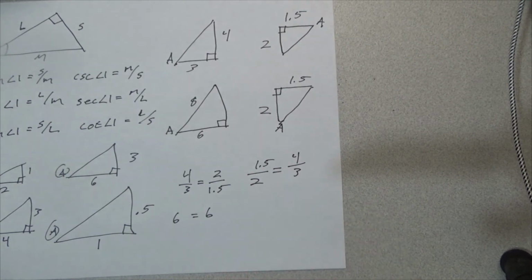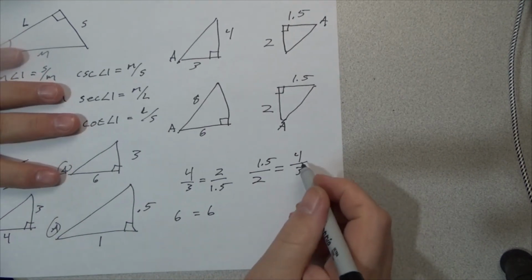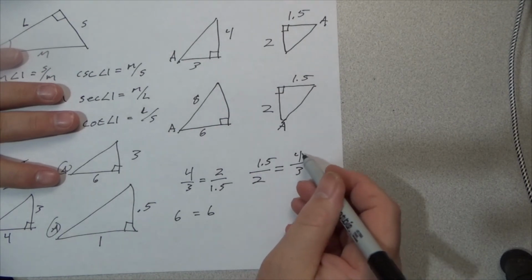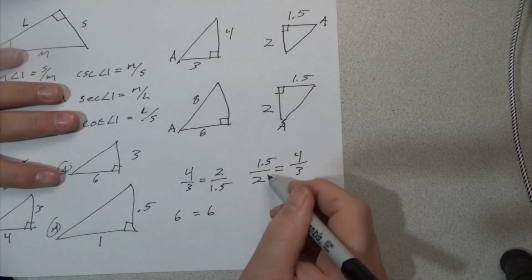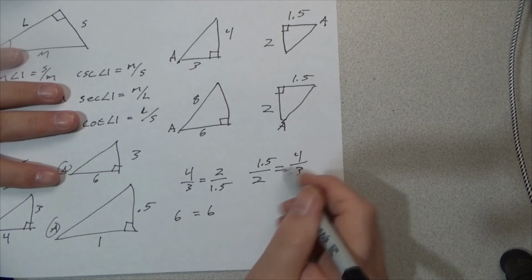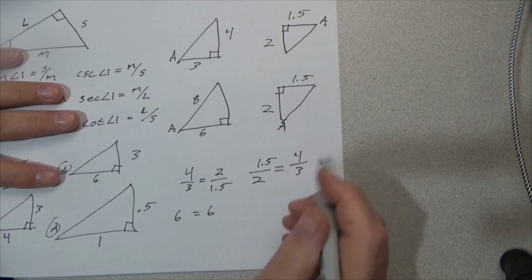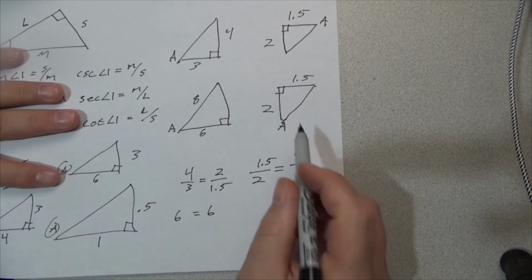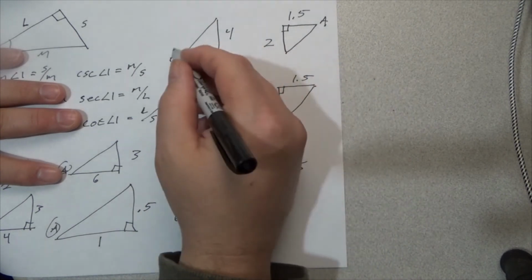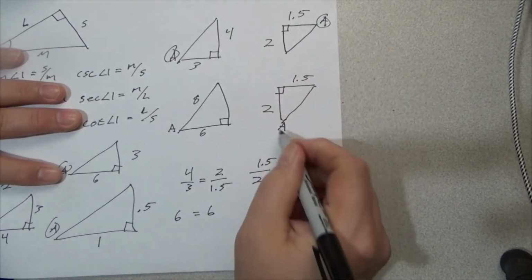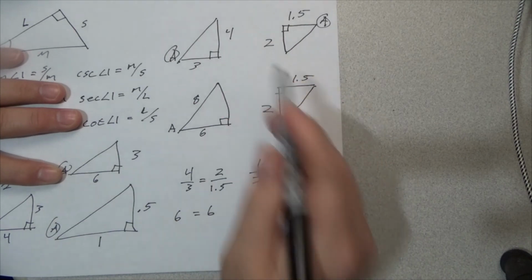Now, you could cross multiply this and try it, but they're not the same, because this is an improper fraction and this is not. These cannot be the same. This is going to be bigger than that one. So this one and this one are the same. This one is not the same as those.